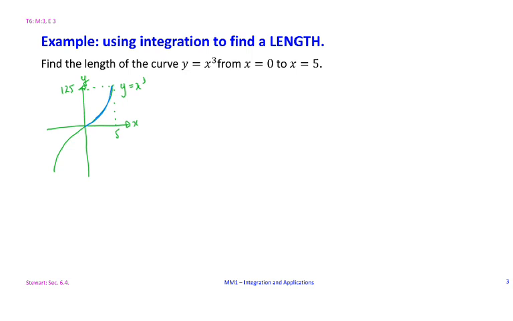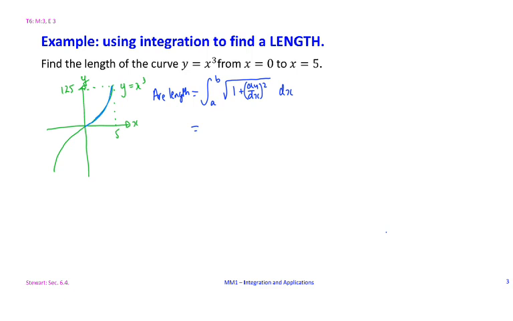Okay, so we know from the previous slide, the integral from a to b of the square root of 1 plus dy/dx all squared dx is equal to the arc length.